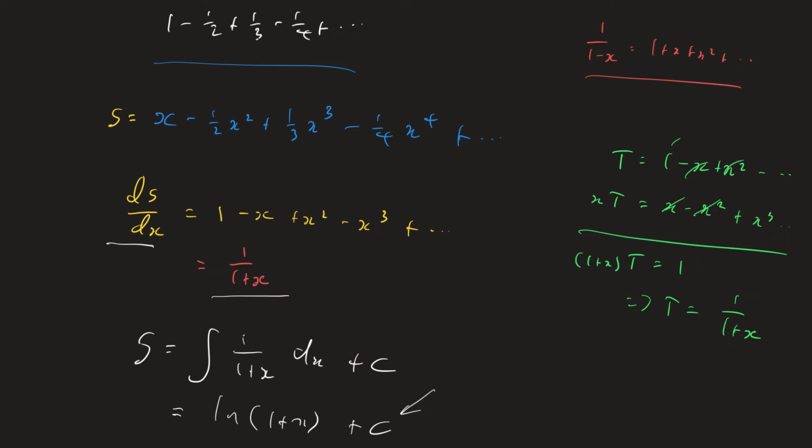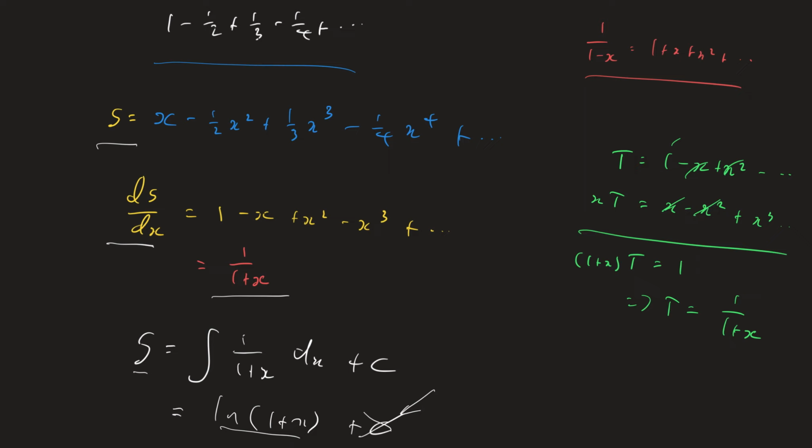When x is 0, our sum is clearly 0, and the logarithm of 1 plus x when x is 0 is the logarithm of 1, which is 0, so in fact this is equal to this, with the normalizing constant equaling 0.